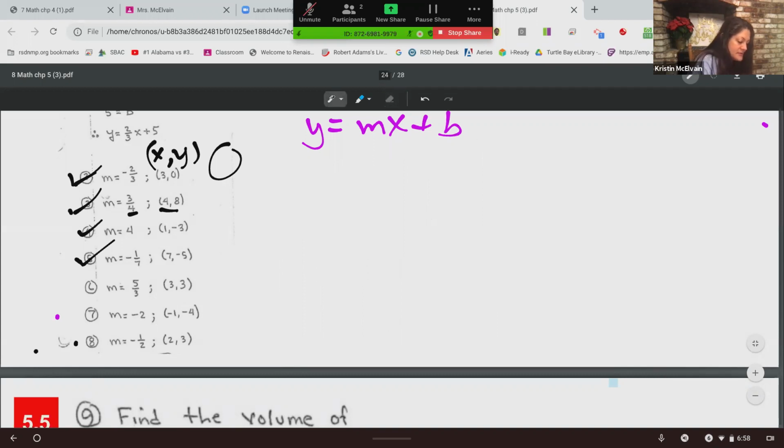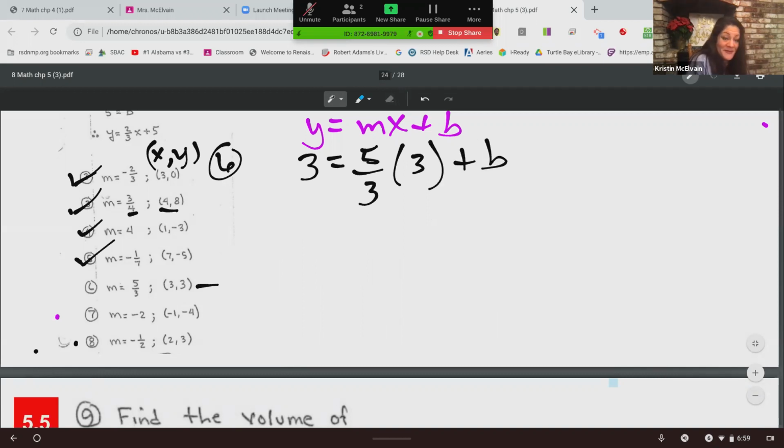All right, number 6. 3 equals, we're right here. M is 5/3 times x is 3 plus b. Solve for b. 3 equals 5 plus b.